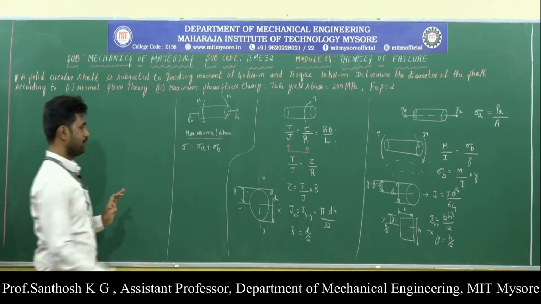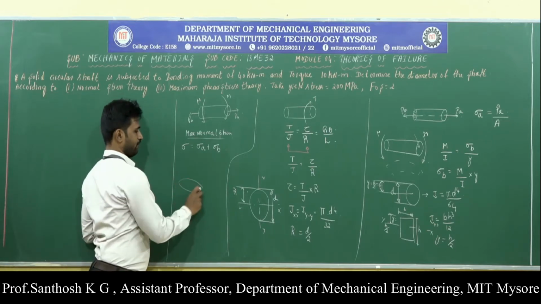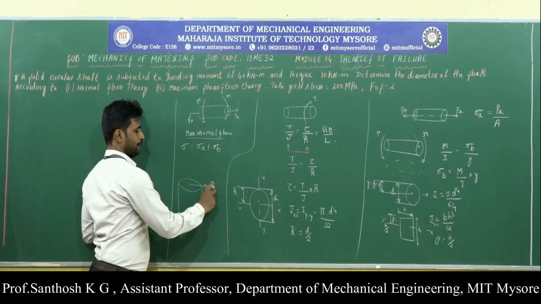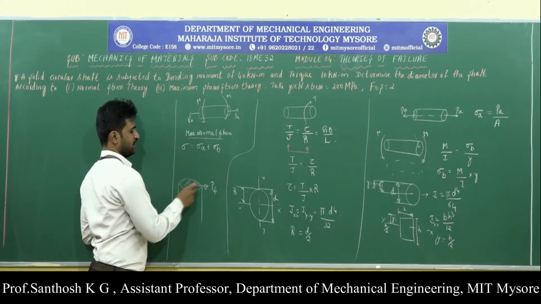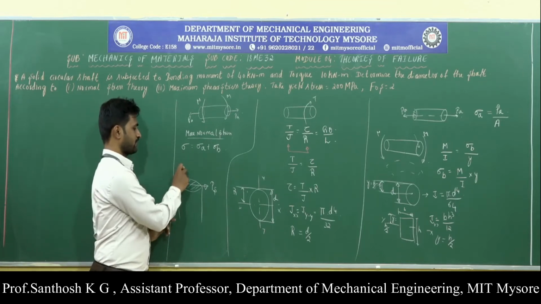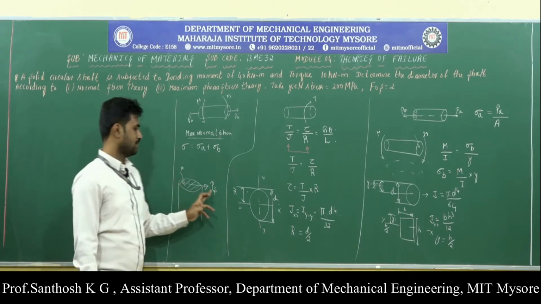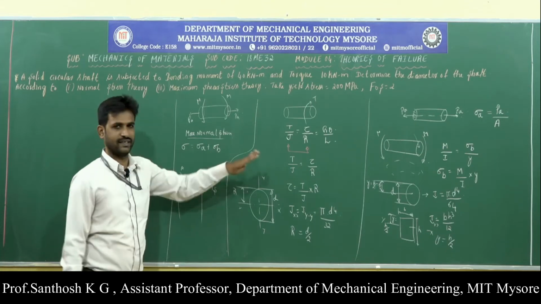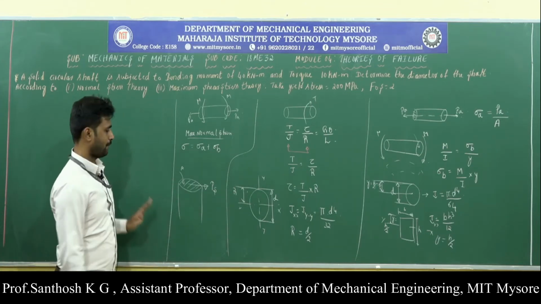Then if a given member is subjected to a load which is parallel to the cross sectional area, so here this is the area which I have considered, and to this area the load PS is acting tangentially or parallelly.